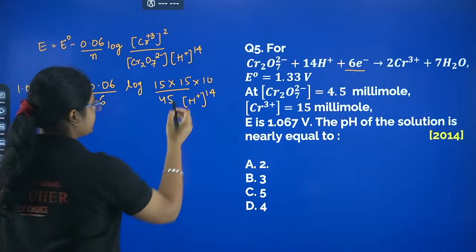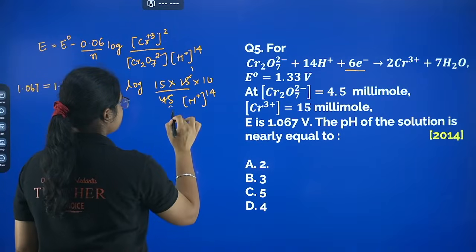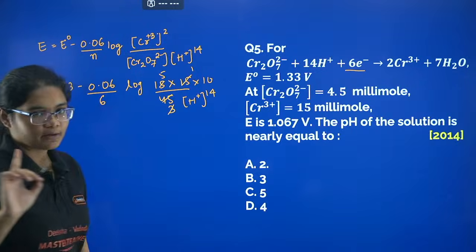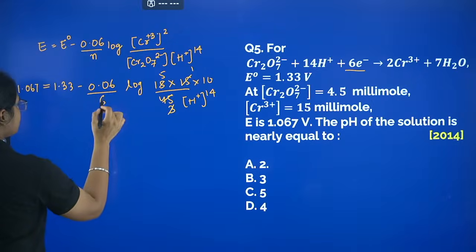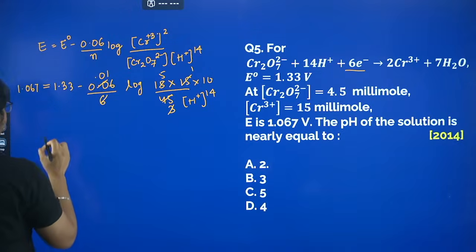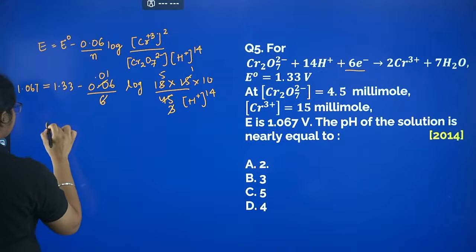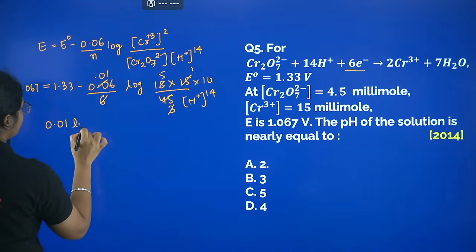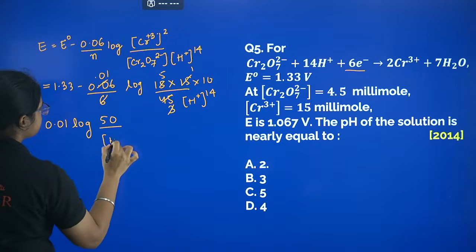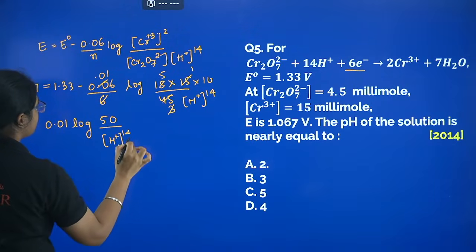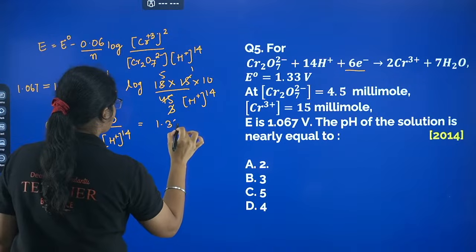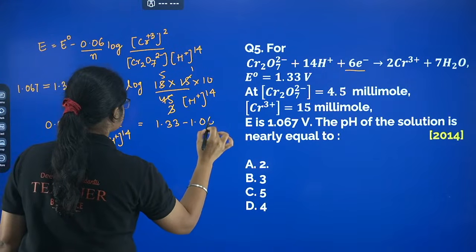So I can just write down 15 ones are 15, threes are 3, ones are 3, fives are. So log 50 by [H+] to the power of 14 I have. And this side, I'll take it as 0.01. So I can take this whole side 0.01 into log of 50 by [H+] to the power of 14 equal to 1.33 minus 1.067.